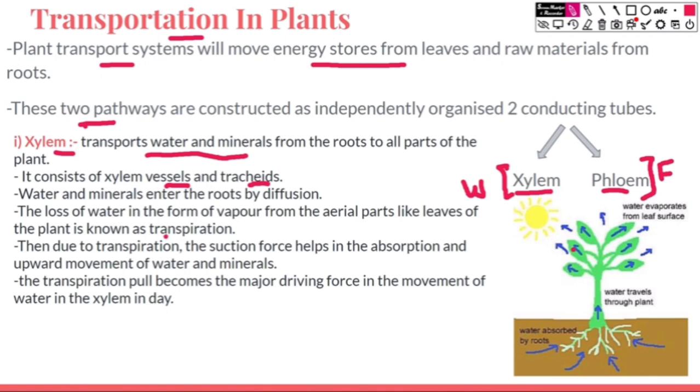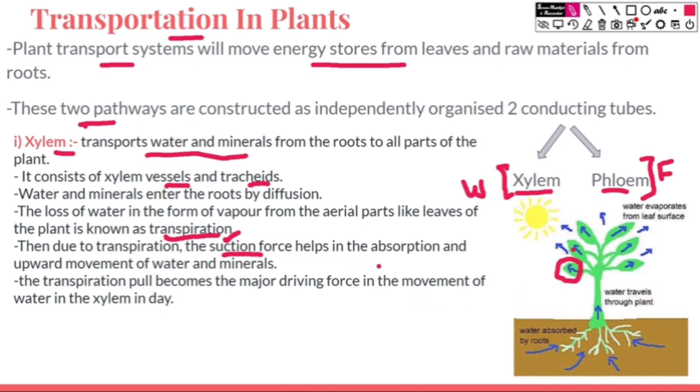First is transpiration. What happens in transpiration? Transpiration is the loss of water from leaves. Leaves have stomata, and from these stomata the water is absorbed and released as water vapors. This process is called transpiration. Due to transpiration there is a lack of water in the leaves, due to which there is a suction force in the plant.